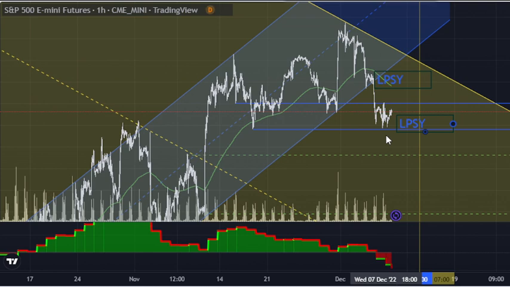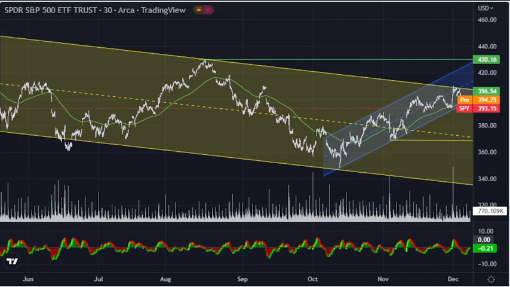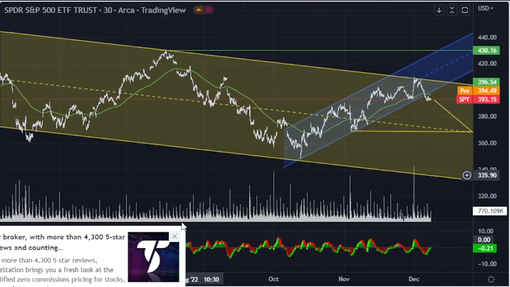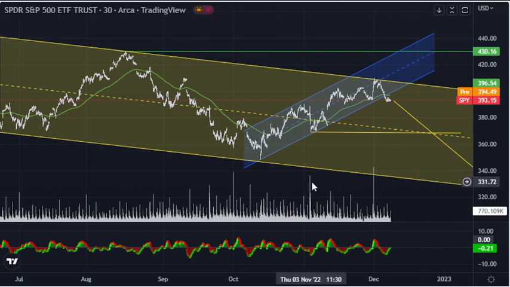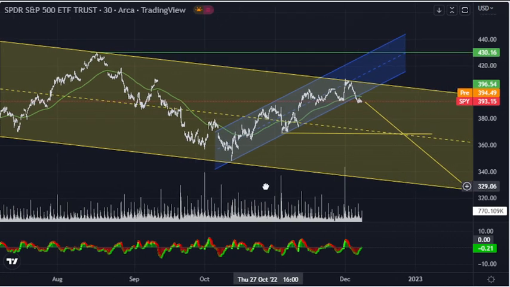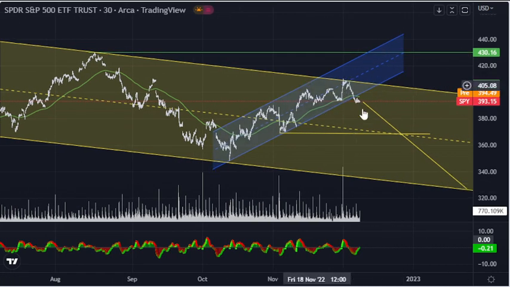Based off of how it's reacting this morning, this is SPY, but it's also the futures, because the futures fill in a lot of space that you don't completely get on the SPY itself.